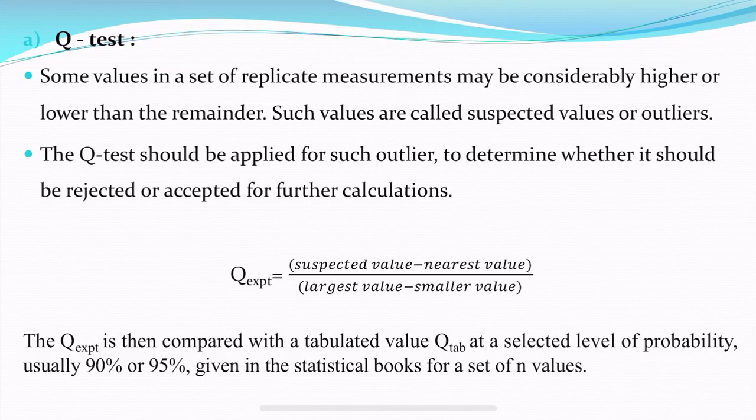Okay. So, here you get the meaning. We have a set of results, say for example 5 results, where 4 of the 5 results have values like 3.1, 3.2, 3.3. This is the range of the values I have got. 4 values are in the range of 3, and one value will be either 4 or 2.